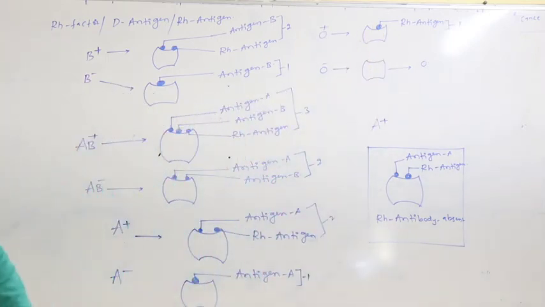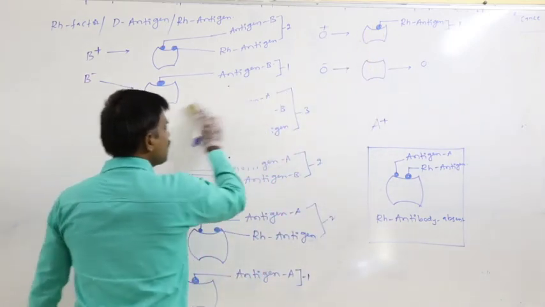Then when are the Rh antibodies produced?